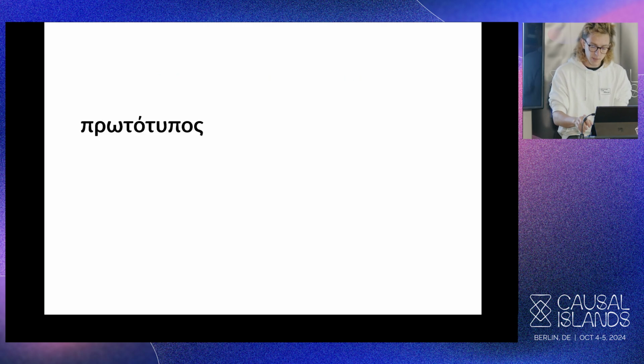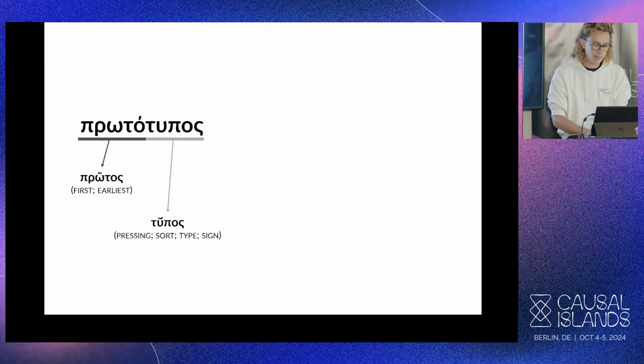There is a tool that's used for exploring these complex, ill-defined problems, which is prototyping, from the Greek word prototypos. Literally translated, protos and typos mean the first or earliest pressing, sort, type, or sign. That's the true definition of prototype.